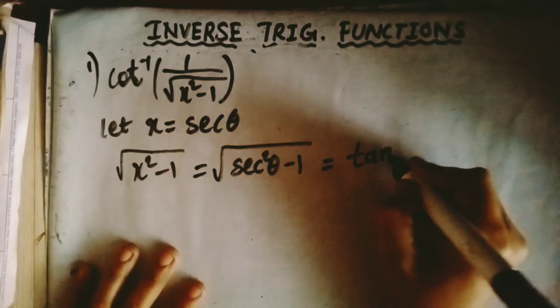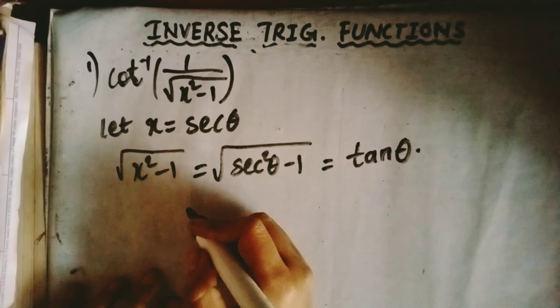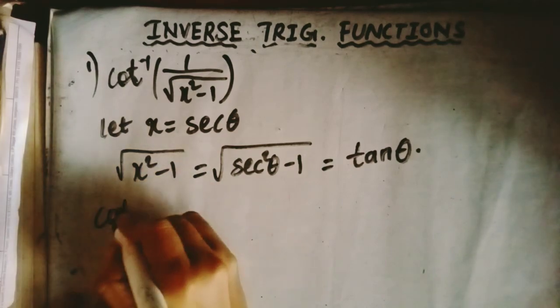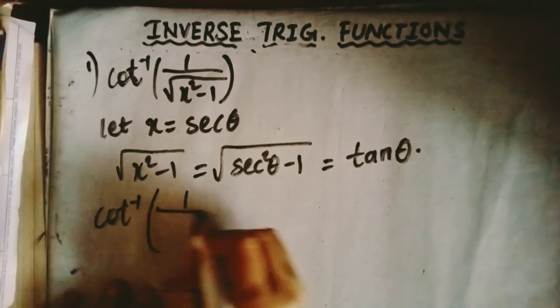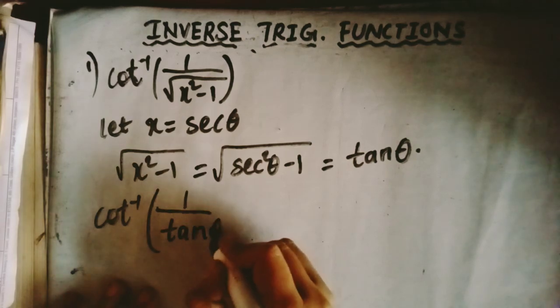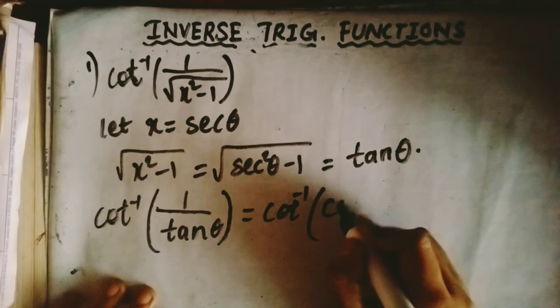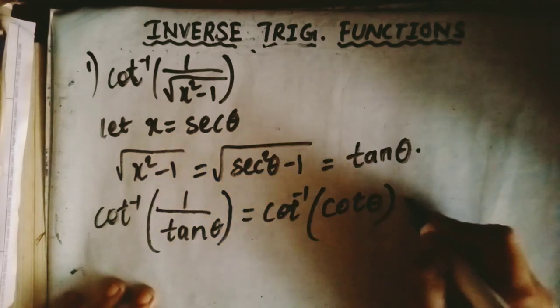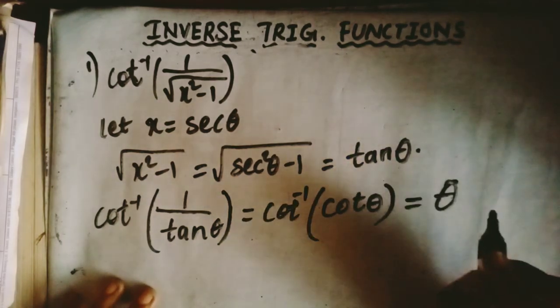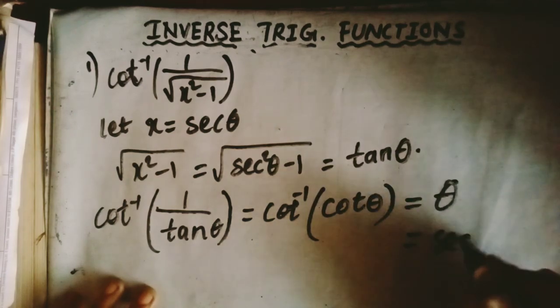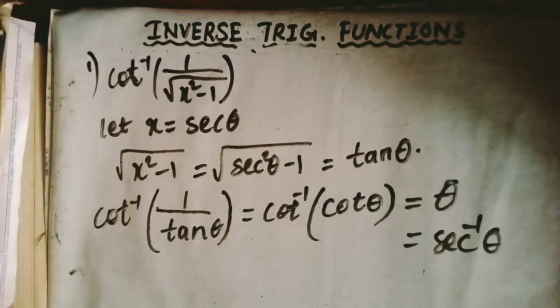So we'll get tan theta, right? So if I put here cot inverse of 1 upon tan theta, and we know that 1 upon tan theta is cot theta. So using the identity, you will get theta, which is nothing but sec inverse of x.